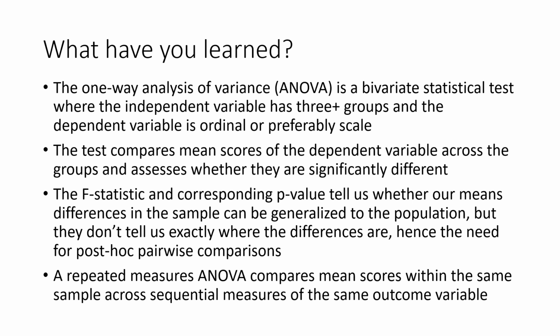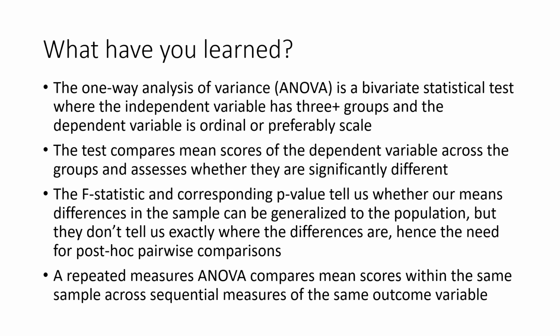Our independent variable x has 3 or more groups or categories, and our dependent variable y is either ordinal or preferably scale and should be normally distributed. So what we do with an ANOVA is we compare mean scores of the dependent variable across the groups or categories of the independent variable, and then assess the magnitude of those differences to determine whether or not the differences are large enough to generalize to the wider population.